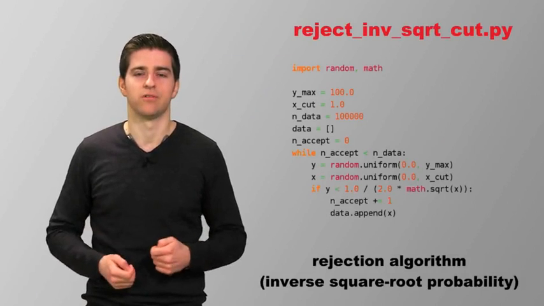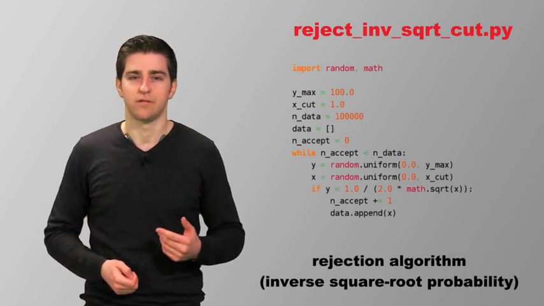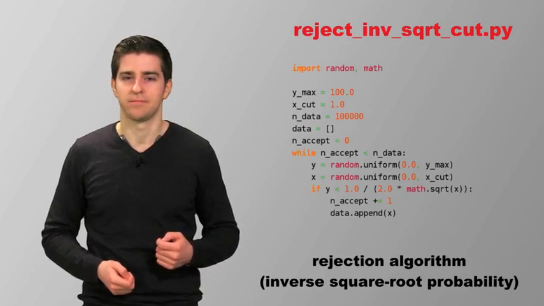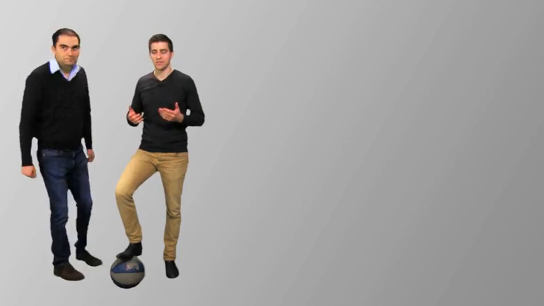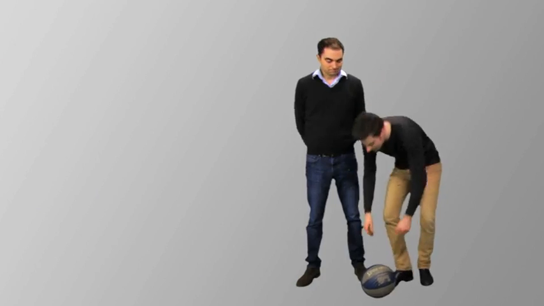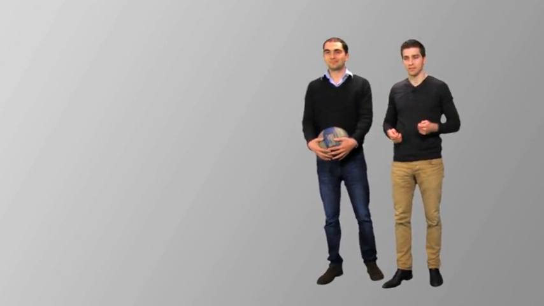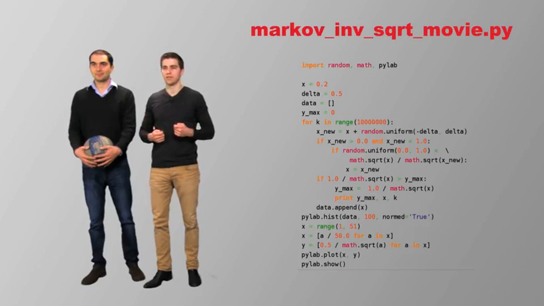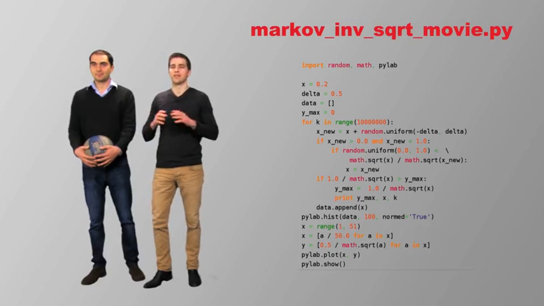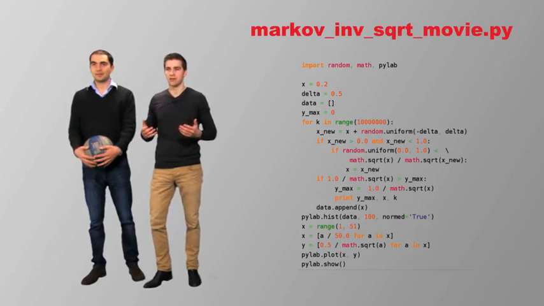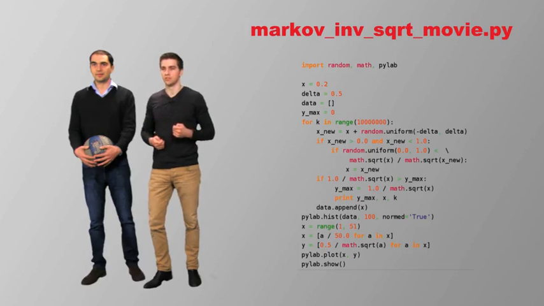There's also the program reject direct inf square root cut.py. Now we had to introduce a cutoff in y, and it was not exponentially small. This is really dangerous, and we must avoid it at any price. Before Alberto will next introduce the method of Taylor sampling, I invite you to take a look at Markov inf square root movie.py and take it apart, just in case you still doubt the existence of divergent distributions.